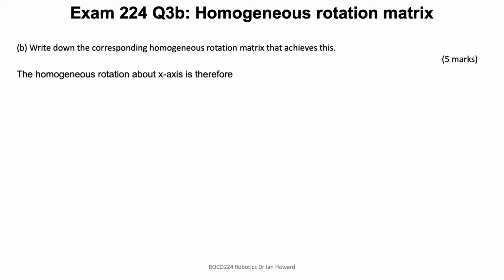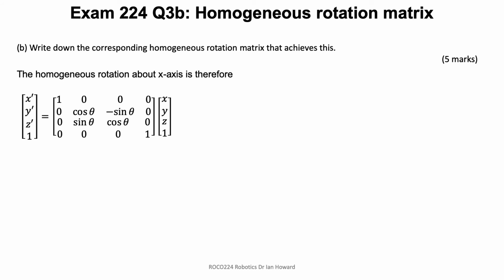Then we're asked to build the homogeneous transformation matrix which will achieve this rotation with a homogeneous data point. The homogeneous data point has a 1 appended at the end of the column vector. We've got the 3x3 rotation matrix component up here. Because this is purely a rotation, there's no translation component, so this 0, 0, 0 here represents no translation at all in this particular example.